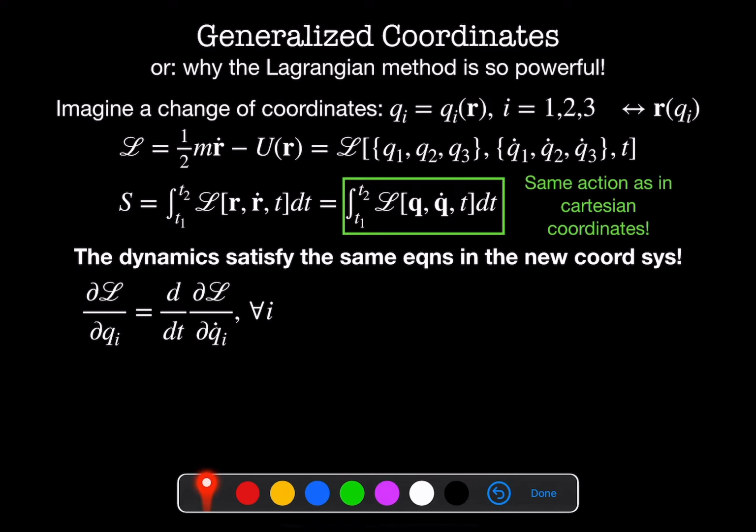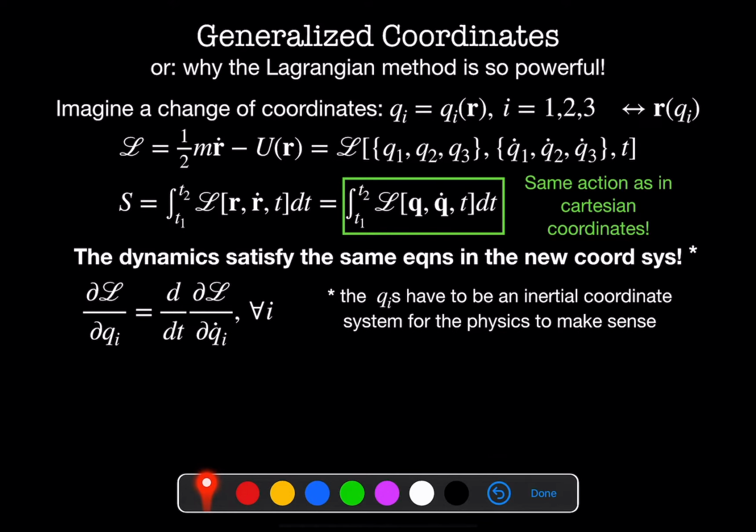That tells me that dL by dq_i is equal to d by dt of dL by dq_i dot for all i. There's a little caveat here that the q_i's have to be an inertial coordinate system, so a coordinate system that does not depend on time, for the physics interpretation of this to make sense. And in this set of coordinates, we have what are called generalized force.